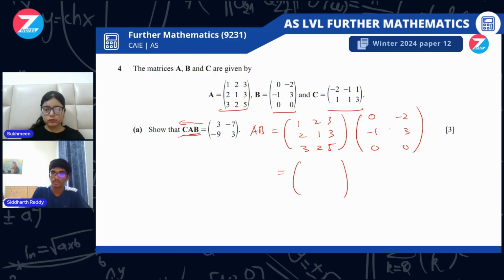The result will also be a 2 by 3 matrix. The method of multiplication is, when you want to find the top left, you take the corresponding row and the corresponding column and multiply the elements. So 1 times 0 plus 2 times minus 1 plus 3 times 0. So that's minus 2.